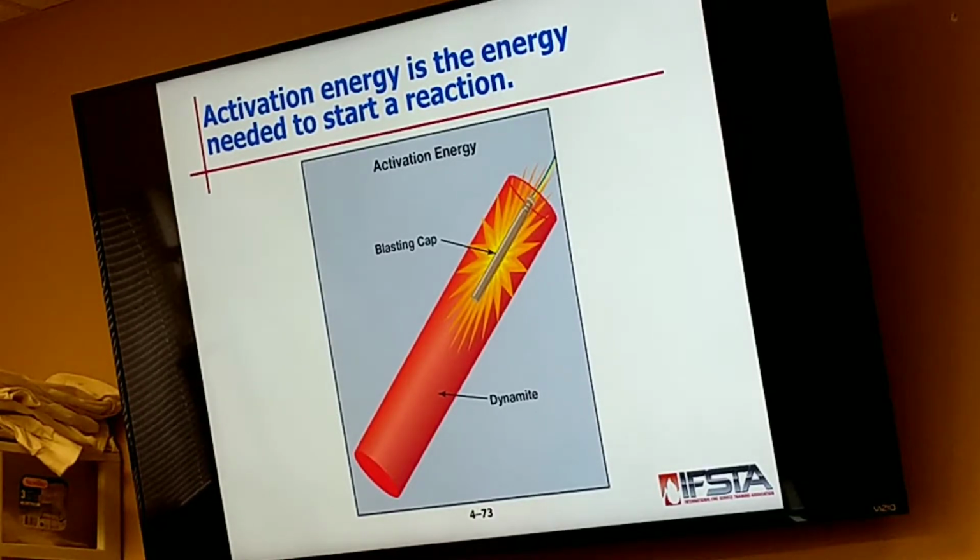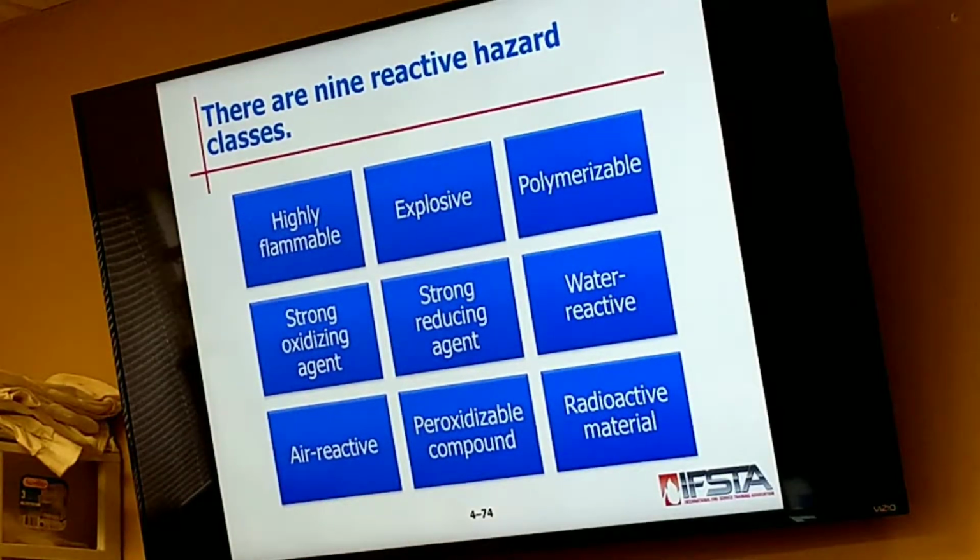We can also use radio waves, radiation, and other waveforms to activate energies in molecules. These are the 9 reactive hazard classes.